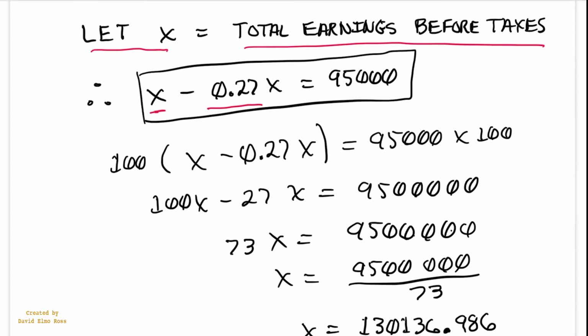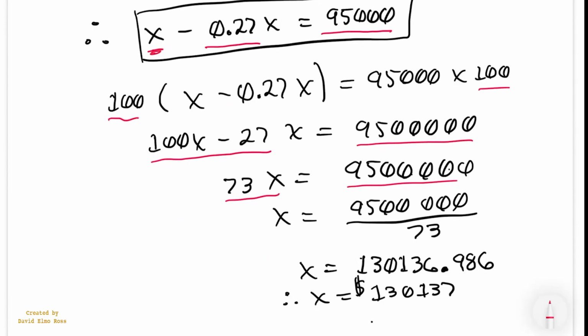And the amount that we have as total earnings minus our taxes is our $95,000. So this is our formula. Now if we multiply both sides by 100, we get 100x minus 27x, which gives us 73x equals this number, and when we divide it out we get this value here, but we want it to the nearest dollar, so the value is $130,137 to the nearest dollar.